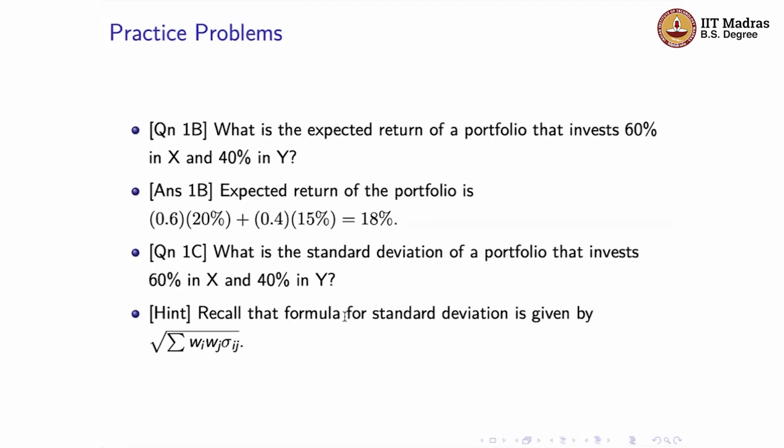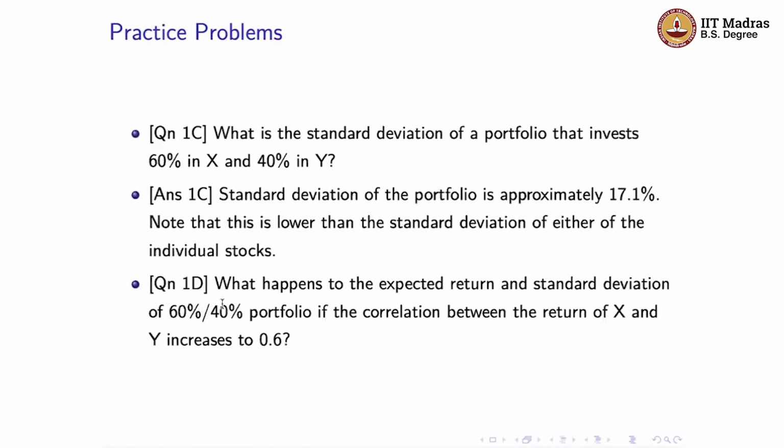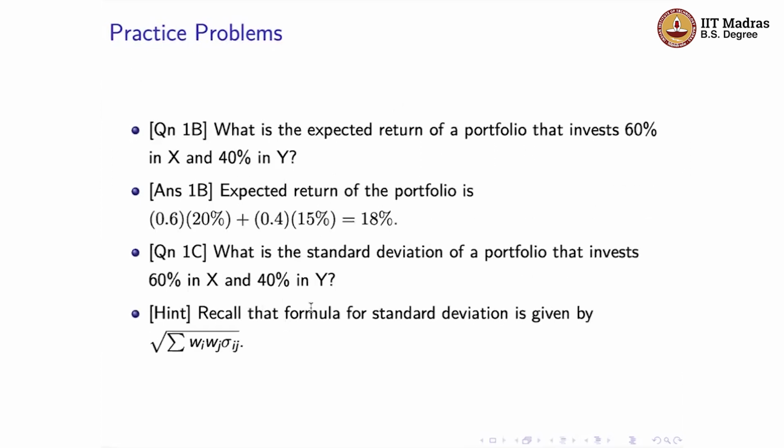So the next question is: suppose that we change the correlation from 0.2 to 0.6 between X and Y. What happens to the expected return and the standard deviation of the same portfolio, which has a weightage of 60% on stock X and 40% on stock Y? Here, if you notice the formula for the expected return that we had calculated, we didn't use the information about correlation in any place, right?